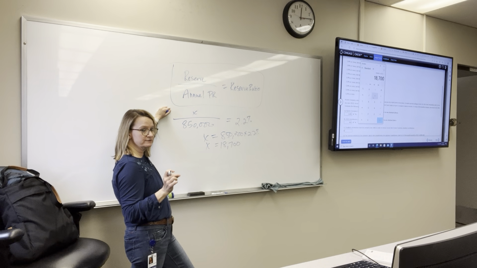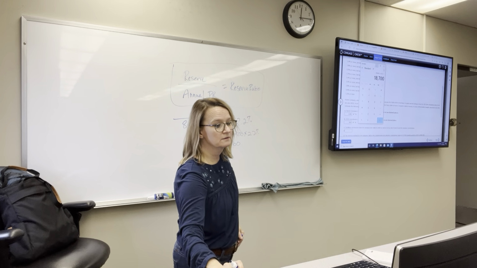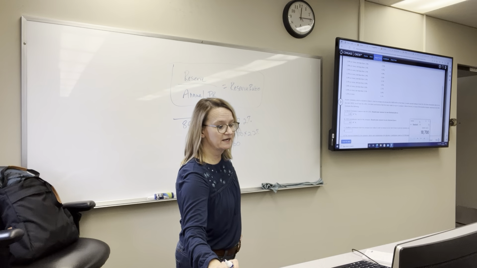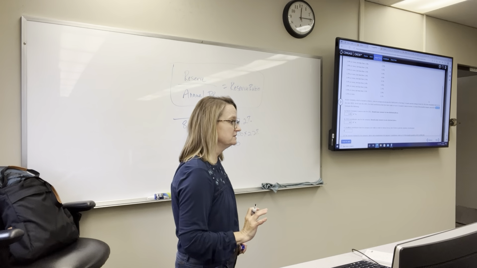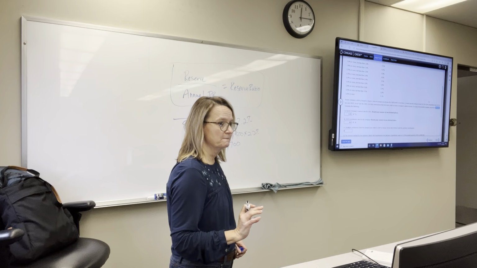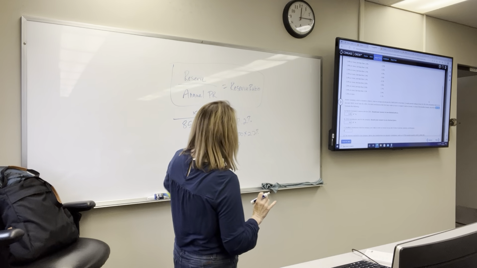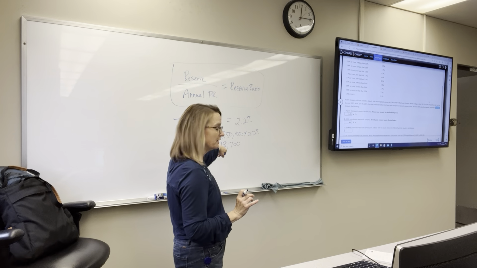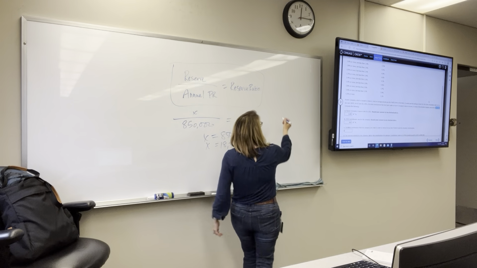Right now, what is our reserve? Oh, covered up here. How much have they got in their reserve? They gave it to us. 17,440, right? They currently have 17,440 in their reserve. They want to have 18,700 in their reserve. All right, so how much?